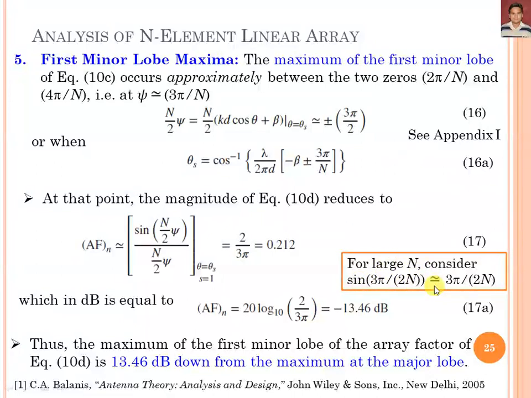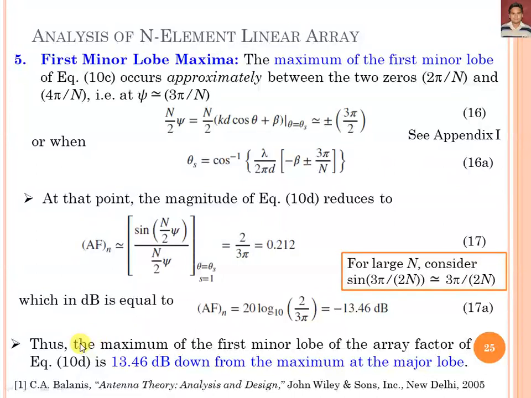When we put this value in this equation, you will get the value of the array factor, which is equal to 2 upon 3 pi, equal to 0.212. We can calculate this array factor value in terms of dB, and the calculated value is 20 log 10 of 2 upon 3 pi, equal to minus 13.46 dB. So we can say that for the n element linear array, the first minor lobe maxima is equal to minus 13.46 dB.